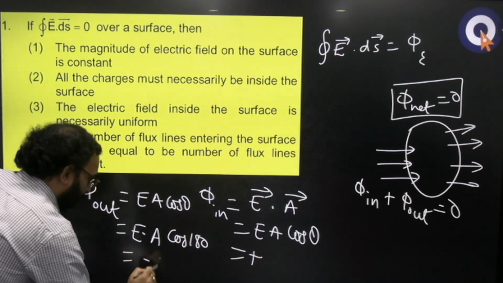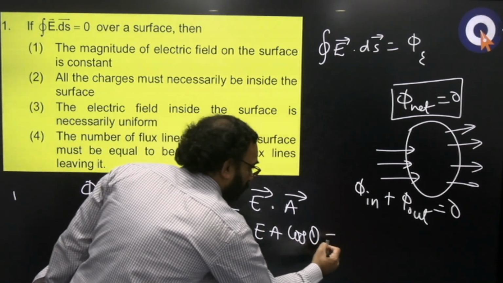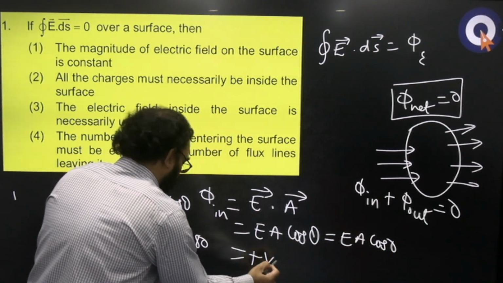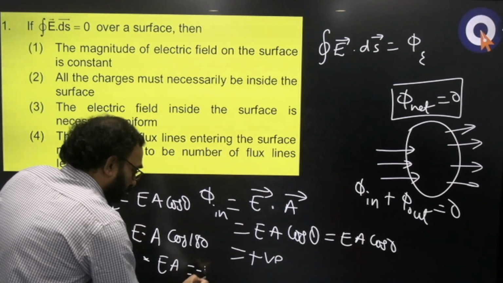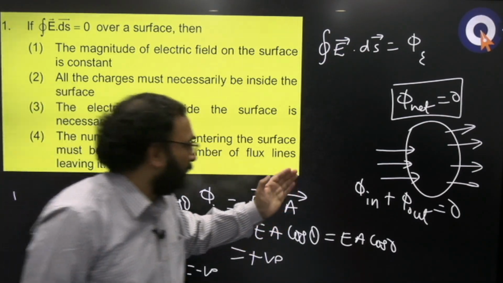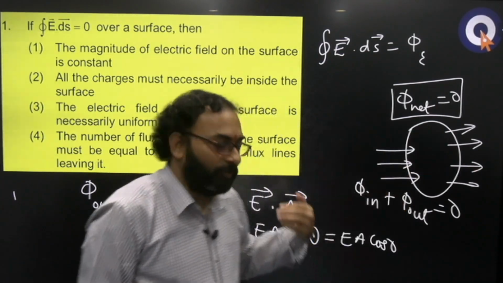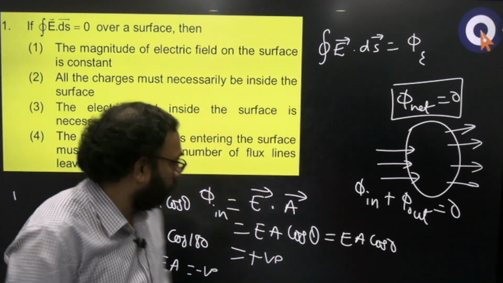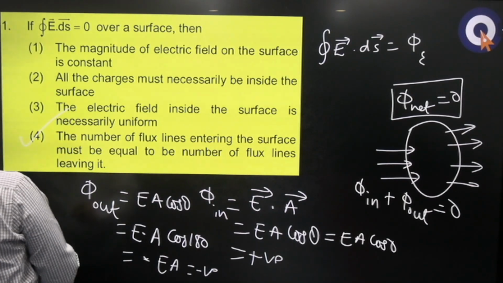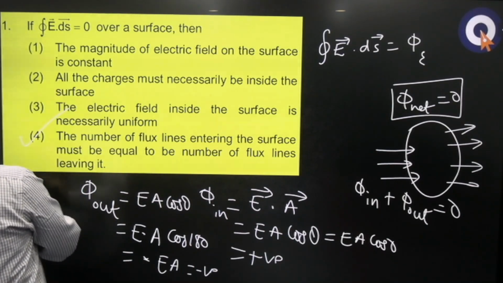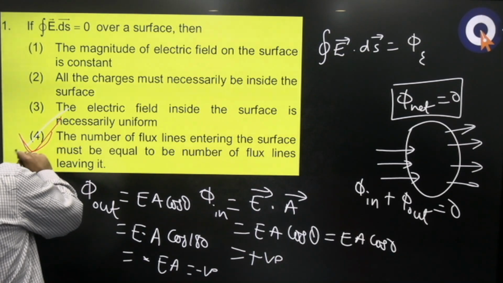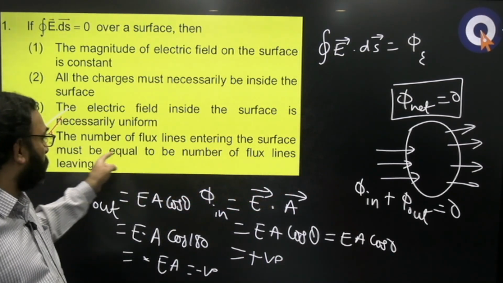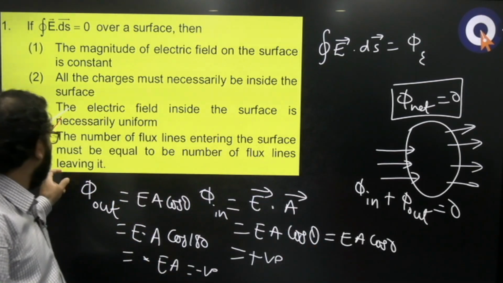So this is minus EA, and for the outward flux it is EA cos 0. So this is a positive flux, and the other is negative. If you add the inward flux and the outward flux, the net flux will be equal to 0. So the fourth option is the correct option: the number of flux lines entering the surface must be equal to the number of flux lines leaving the surface.